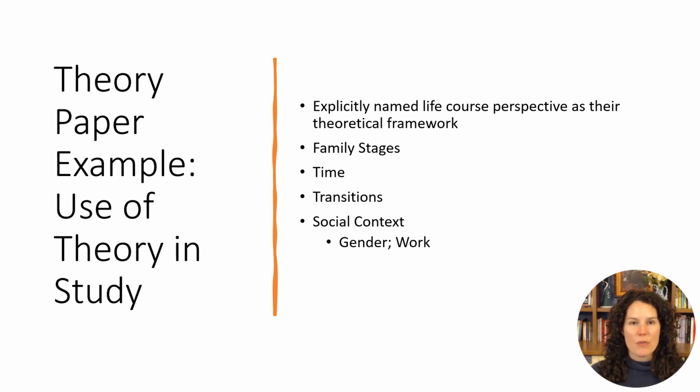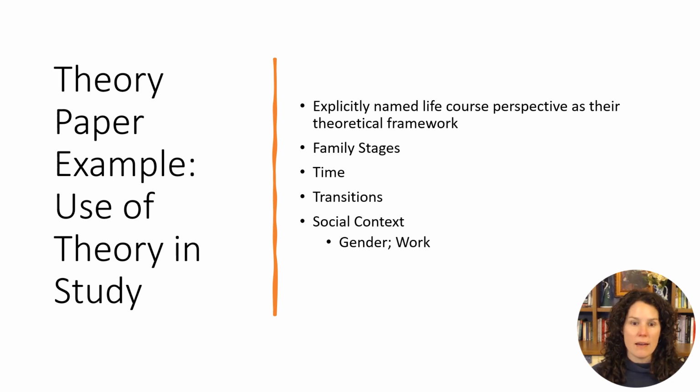In the third section of your paper, you basically go through your article looking for clues of how they used life course perspective or family development theory. In this case, it was life course perspective, and you can highlight it either with a highlighter or electronically, and then just summarize it here.